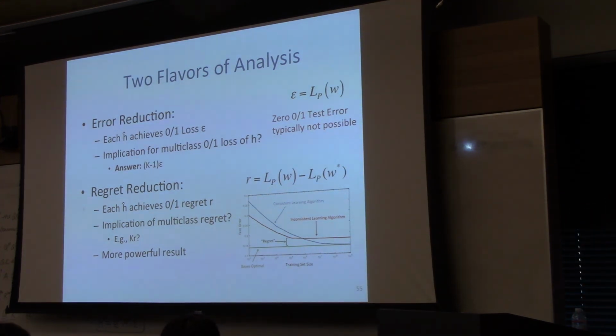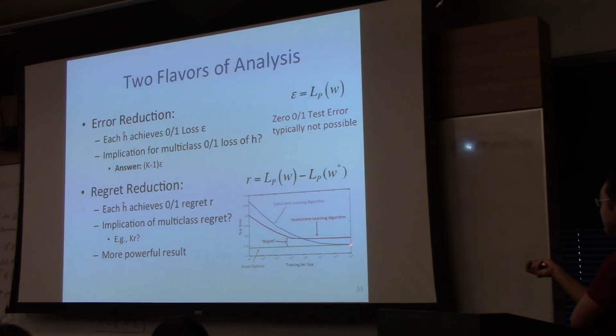Okay, so the other idea, which is a little bit more powerful in these types of analysis techniques, is called regret reduction. Regret is basically the error of your model minus the error of the best model in your model class. Oftentimes the problem is just hard, and no model gets 0 error, right? But some model gets 0 regret. So if this is the best possible model that you can have, a consistent learning algorithm will achieve 0 regret in the limit of infinite training data.